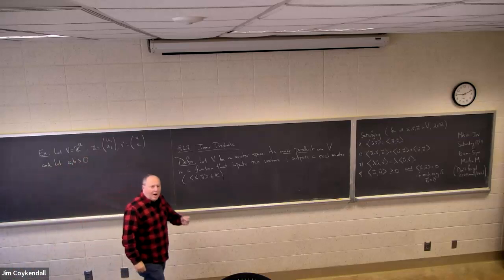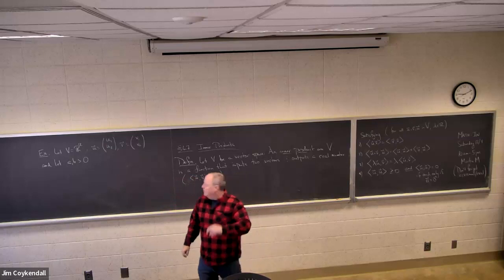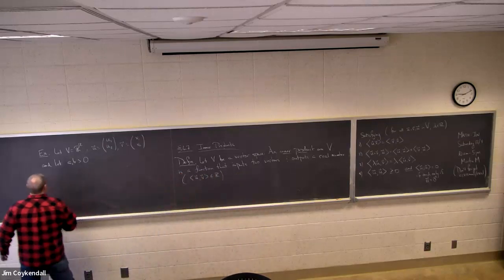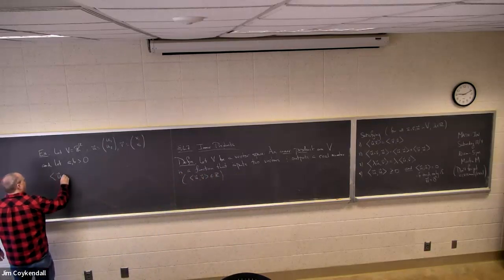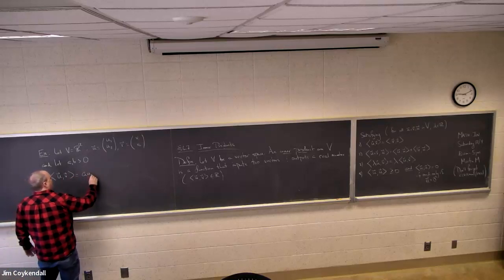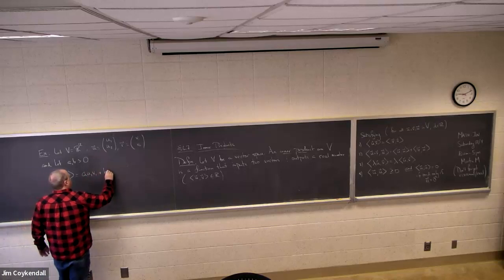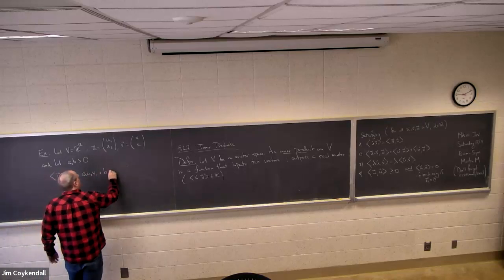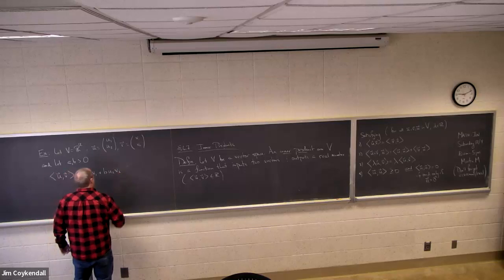Let A and B be positive, and I do mean positive real numbers. Then I want to define the inner product of U and V as equal to A U1 V1 plus B U2 V2.